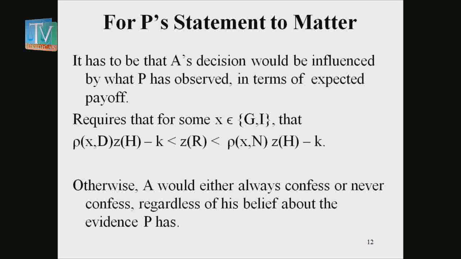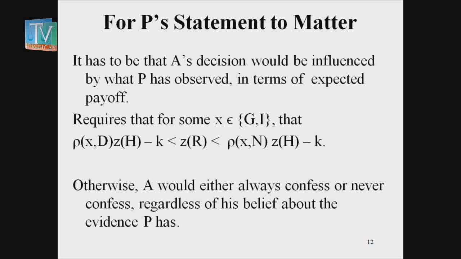So the idea here is, we first off want to just think about, well, what cases, where do we want to look for this to be an interesting question? Well, for the police's statement to matter, it has to be that the accused would be influenced by what the police has observed, right?